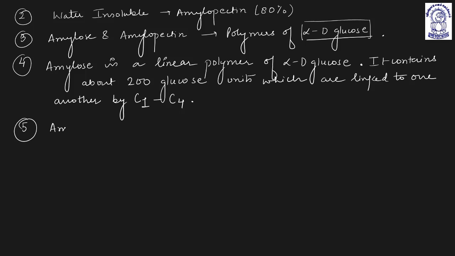The next is amylopectin. It is a highly branched polymer.